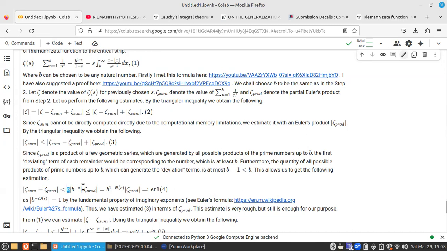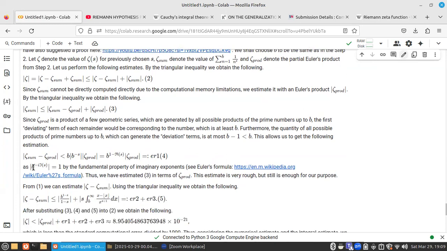Since our product is generated by picking some terms for prime numbers which do not exceed b, we've got something like this. And we've got this error estimate for their sum minus their product.